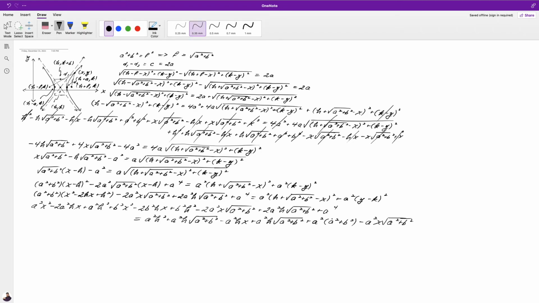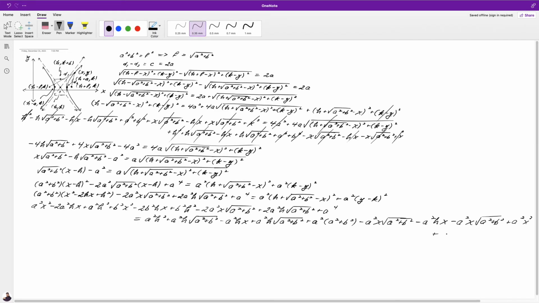So 1, 2, 3, 4, 5, 6, and then it should be minus a squared hx, minus a squared x times the square root of a squared plus b squared, and then plus negative x times negative x is x squared a squared, so a squared x squared. We're also going to have this here, let's not forget about that, plus a squared times y minus k all squared. Let's not forget about that.